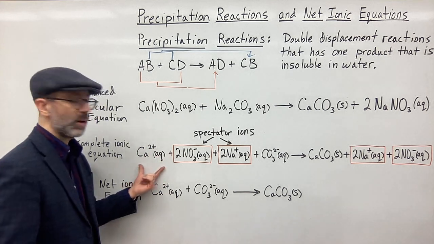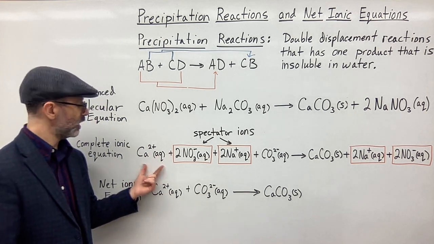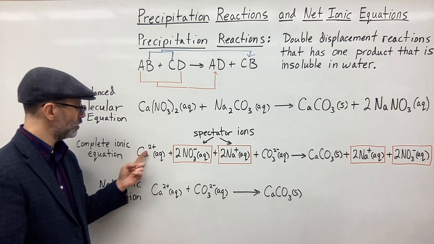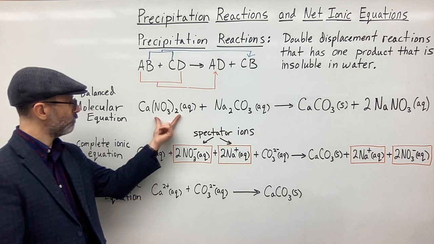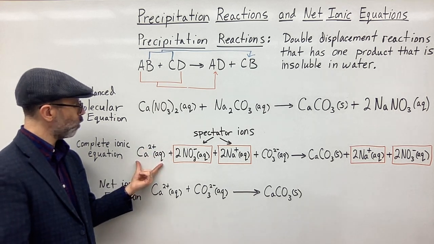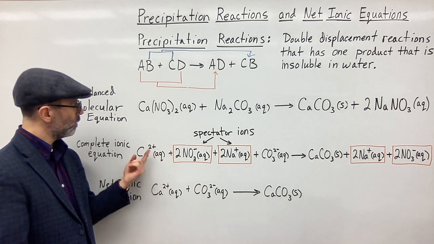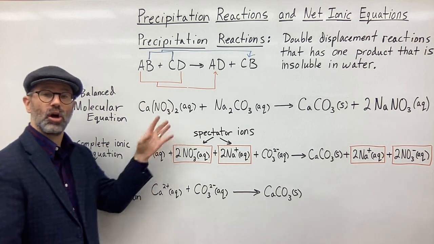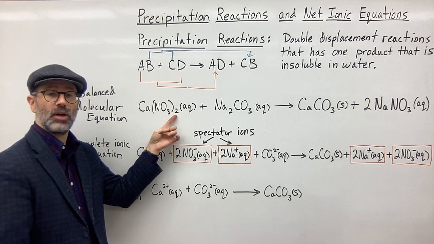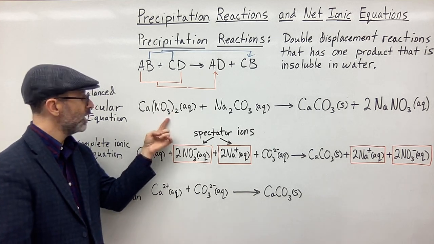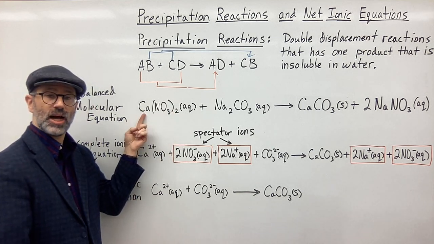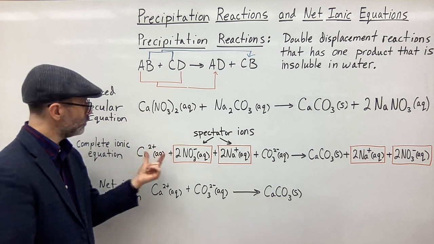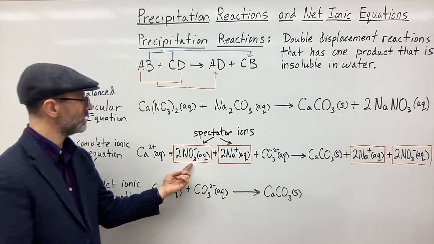And so it's important to remember that when you write the ions separately, you write the charge. So calcium has a 2 plus charge. So we're separating the calcium from the nitrates. And notice here also, this subscript tells us we have two nitrates that are needed to balance the charge on the calcium. So since we have two nitrates there, we're going to have two nitrates here, but we don't write it as a subscript.